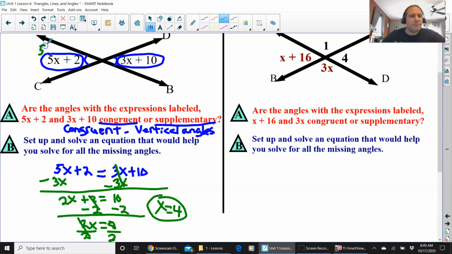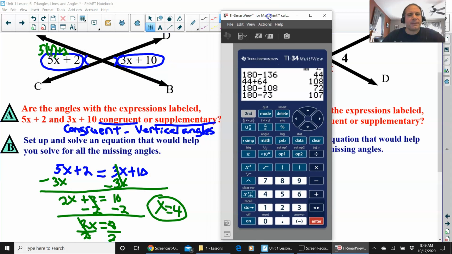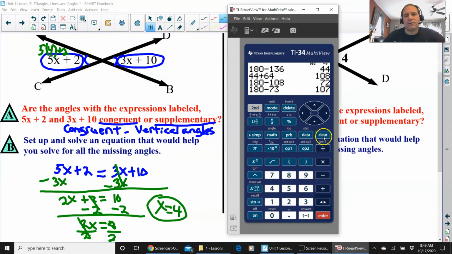So it's 5 times 4, and any time that you put something in the calculator, or write something down, use parentheses to show that you're substituting in the place of multiplication, right?